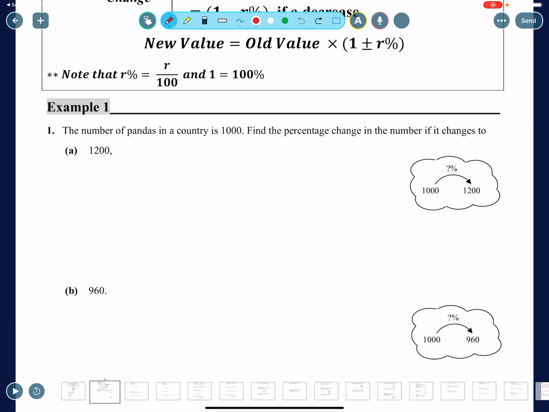Question 1. The number of pandas in a country is 1,000. Find the percentage change if it goes from 1,000 to 1,200. So percentage change is equal to new value 1,200 minus old value 1,000 divided by old value 1,000 times 100%.